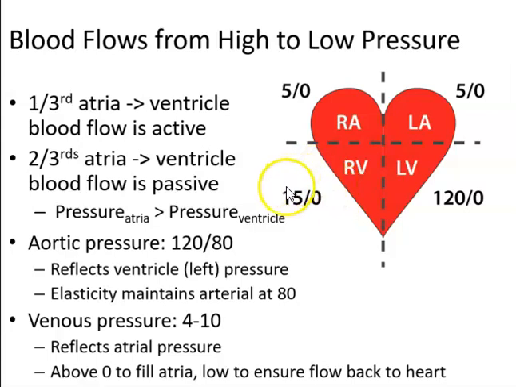So there's a large increase of pressure in the right ventricle during systole, whereas the pressure within the right atrium decreases to 0 to allow for filling of the right atrium with blood. So again, it's this pressure difference that allows blood to flow from a high to low pressure within the chambers.